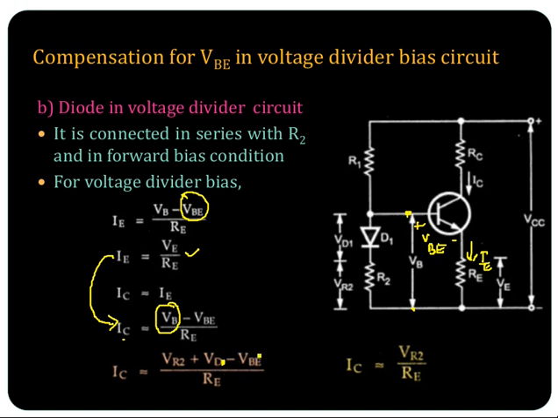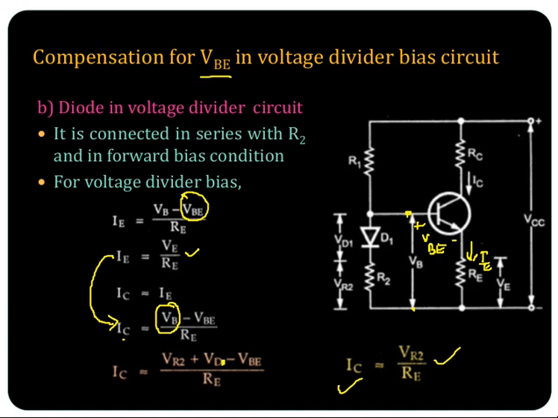So this VD can be taken as equal to VBE, and therefore you get a collector current which is independent of VBE, or IC equal to VR2 by RE. It depends on the drop across this resistance R2 only.